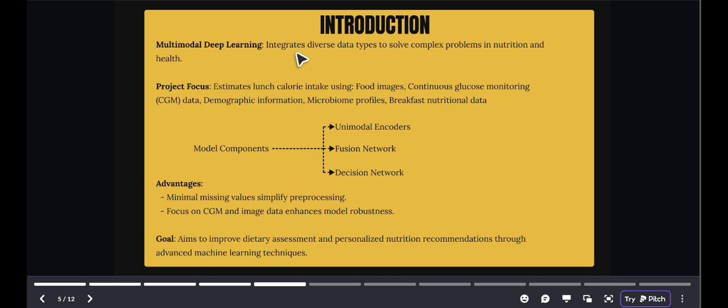The model architecture consists of three key components: unimodal encoders that process individual data types, a fusion network that combines these inputs, and a decision network for final predictions. The main advantages of our approach include simplified pre-processing due to minimal missing values, and also enhanced model robustness through focus on CGM and image data.